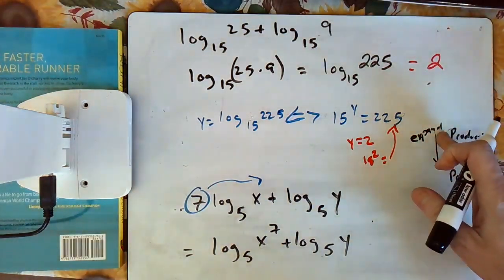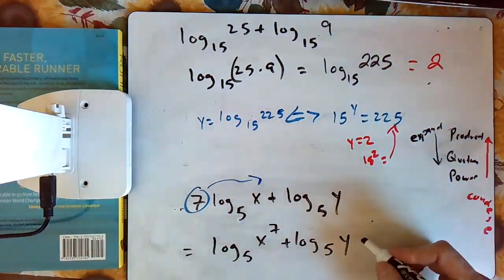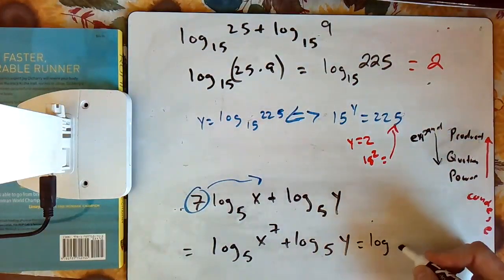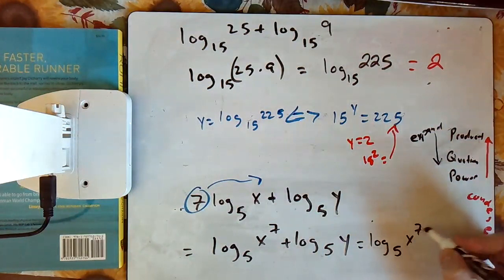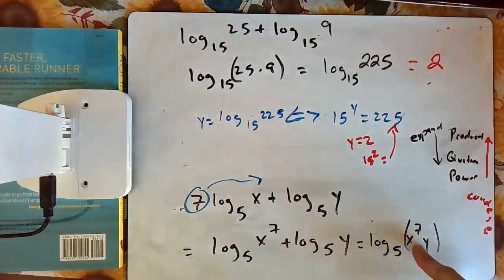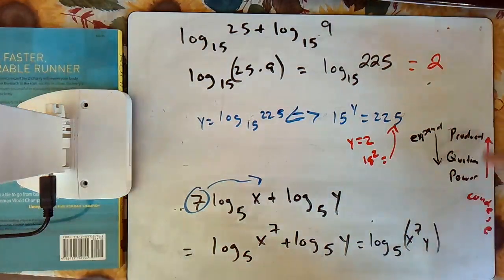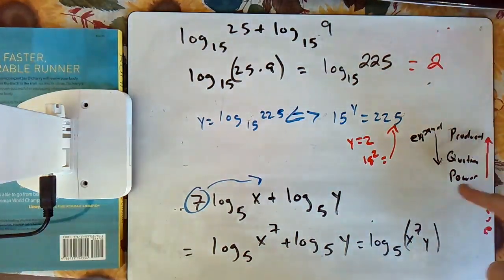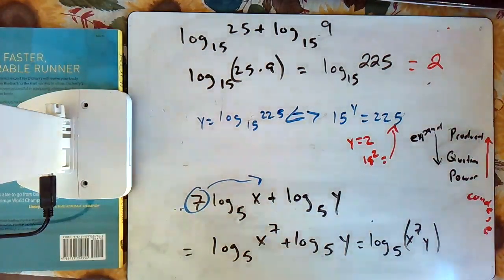Do we have a product rule? Yeah, because we're adding. So this becomes log base 5 of x to the 7th times y. Can't simplify this because the base is a number and these are variables. So that's as far as you can take it. But you see, if you have multiple things going on and you're condensing, you start with the power first, then quotient, then product.